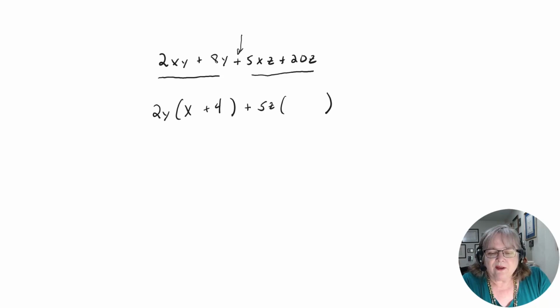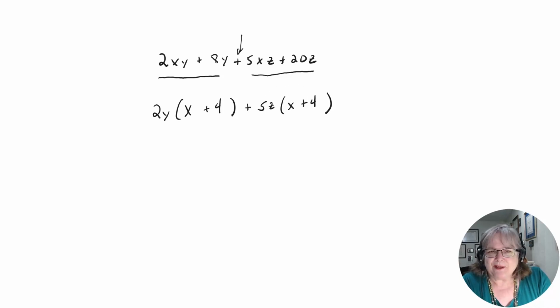So if you have 5xz and you divide out or factor out a 5z, you have x left. And if you have 20z and you divide out a 5z, you have plus 4. And you would double check. Does 5z times x get you 5xz? Yes. Does 5z times 4 get you 20z? Yes, it does.